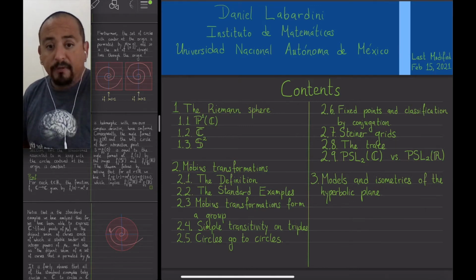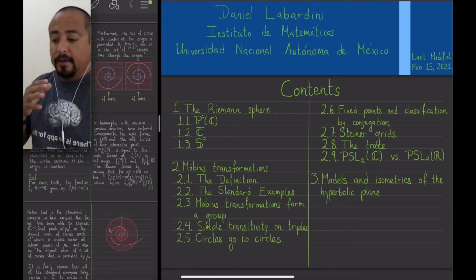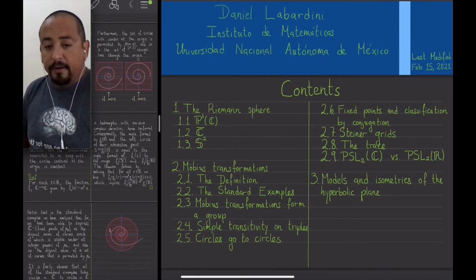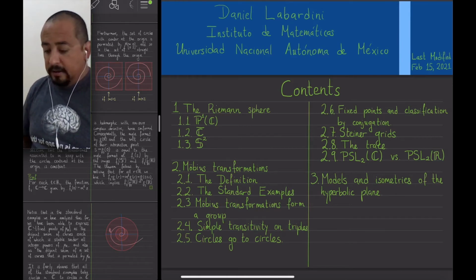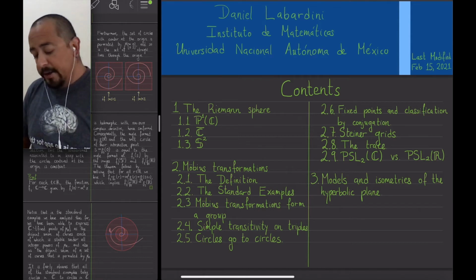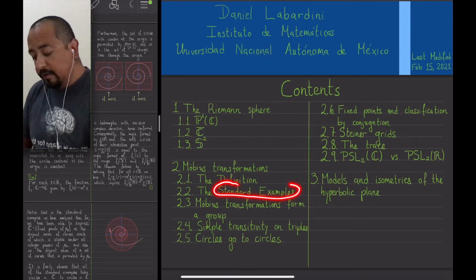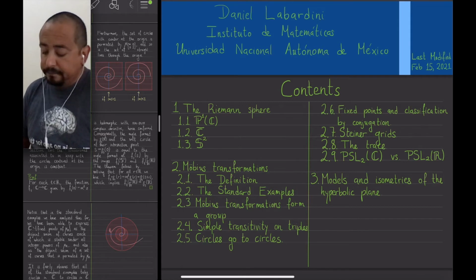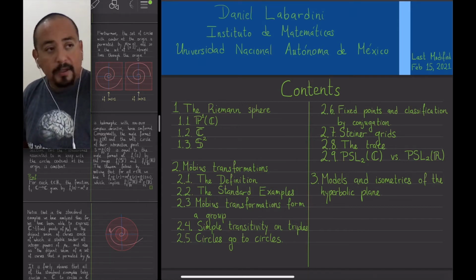In other words, we defined Möbius transformations to be the shadows at the level of P1C of the linear maps from C squared to itself. Then we saw that some obvious functions are Möbius transformations of C bar, of the extended complex plane.